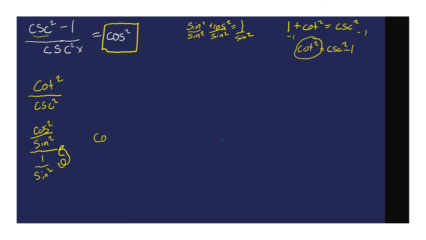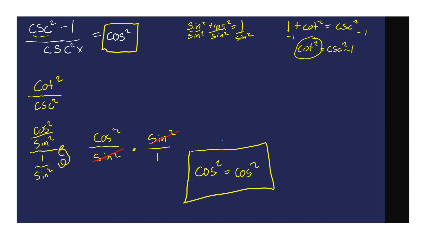I'm left with cosine squared over sine squared times sine squared over 1. And these are 1 in disguise, or I can cancel those out however you like to think of it. And I'm left with the left-hand side equaling cosine squared equals cosine squared. And I have proven, or verified, this trig identity.